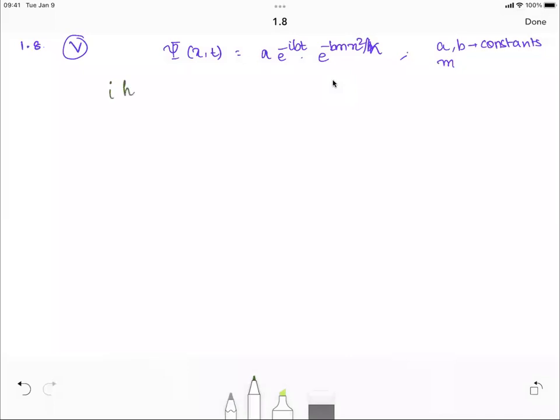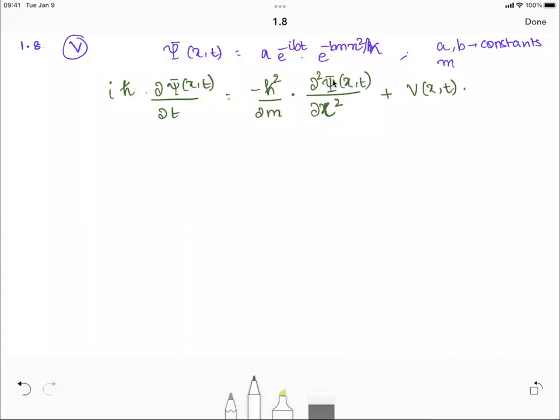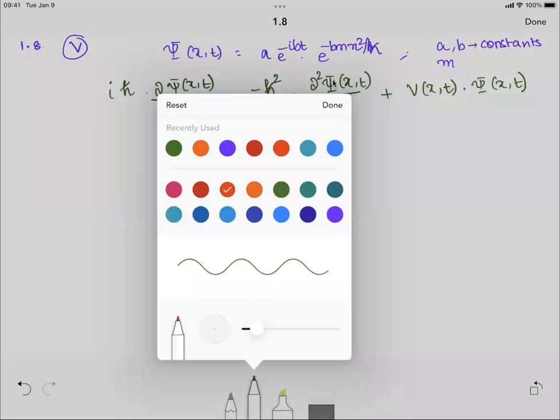So it's i h bar times the partial derivative of psi with respect to t is equal to negative h bar squared by 2m times the second derivative of the state function with respect to the x coordinate. So this is the Schrodinger equation. This is something we must remember.